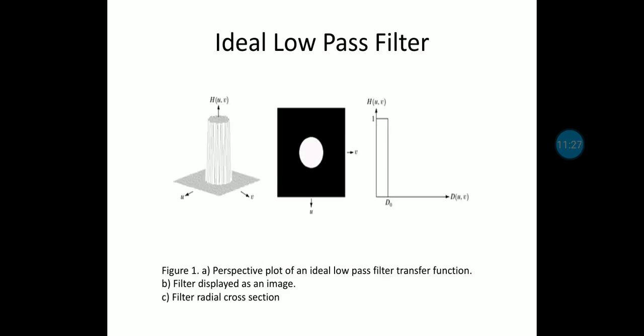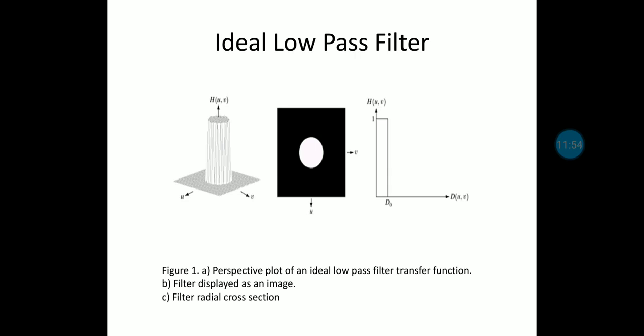In the next figure, we are able to see the perspective plot of an ideal low pass filter transfer function. The first figure represents the actual low pass filter transfer function plot. The second, the middle one, represents the filter displayed as an image, wherein we see it as a kind of circle.